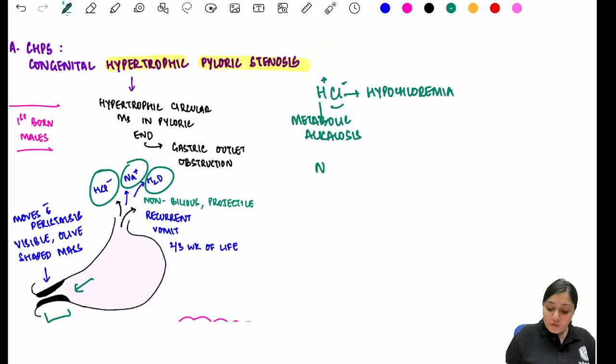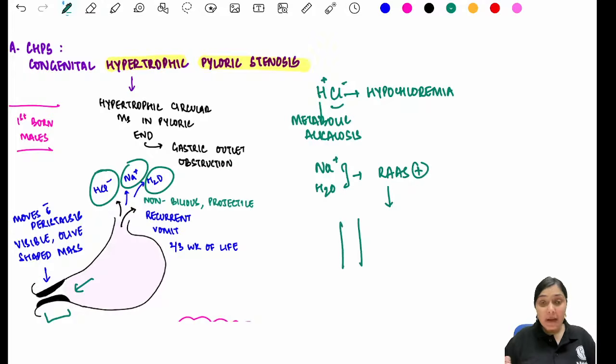Because of the loss of sodium and water, what will happen? My RAS would be activated. By the activation of RAS, what will happen? There will be outflow of H plus, K plus and conservation of sodium. So there will be hypokalemia and H plus would be excreted into the urine.